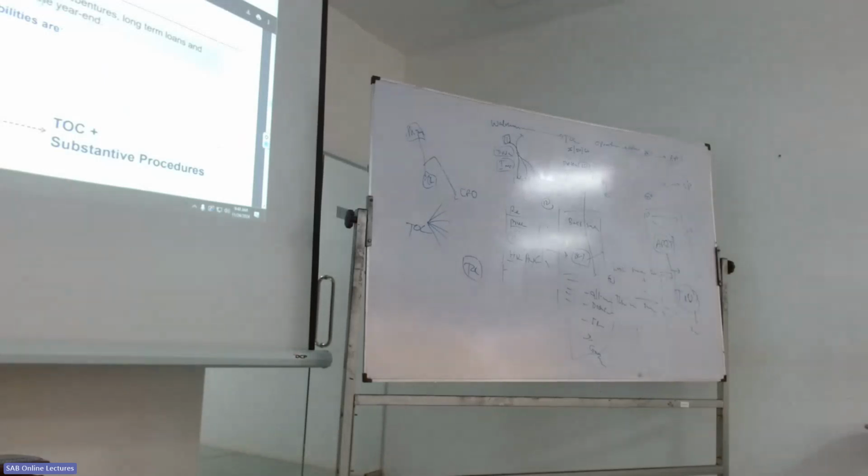For example, your current ratio should be maintained at this much, your gross margin should be 40%, your salary increment rate should be 10% per year, your bonus should be 15% of total salary. Likewise, you may have different conditions.